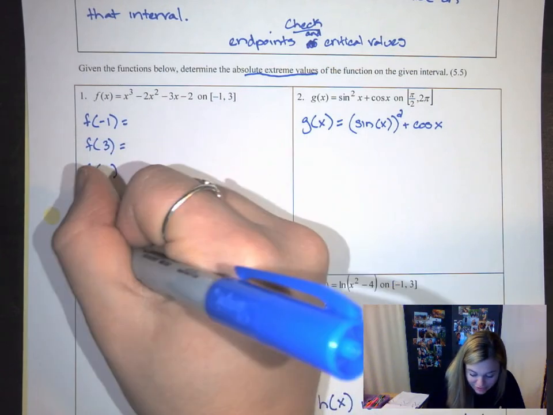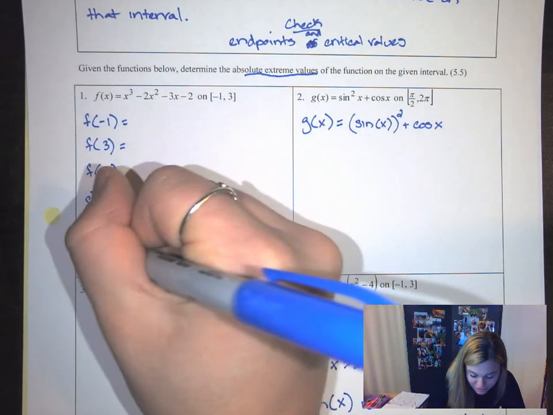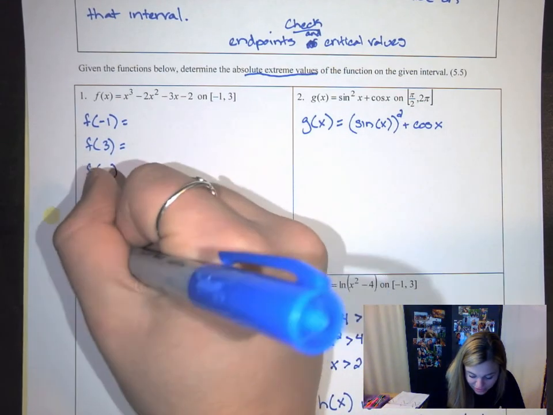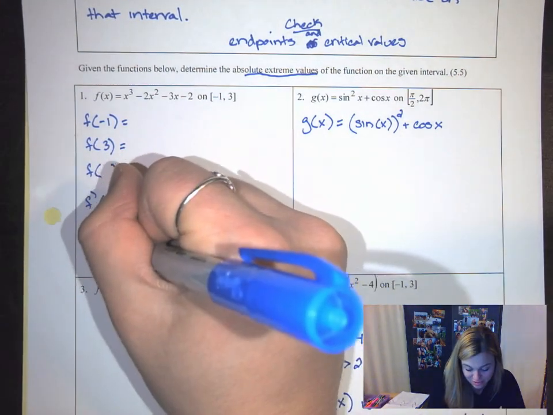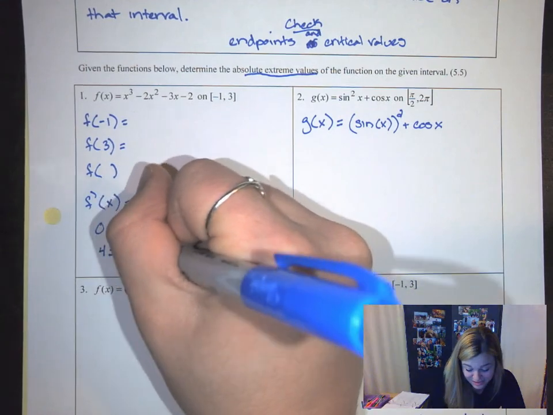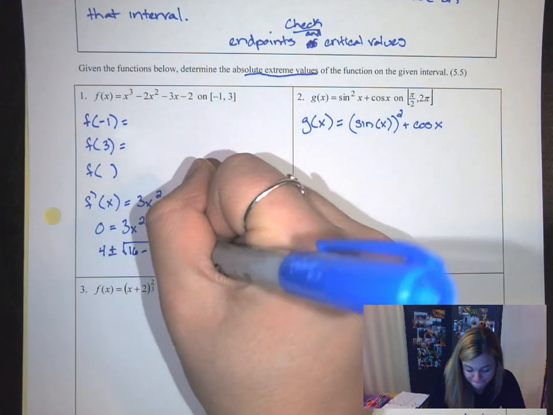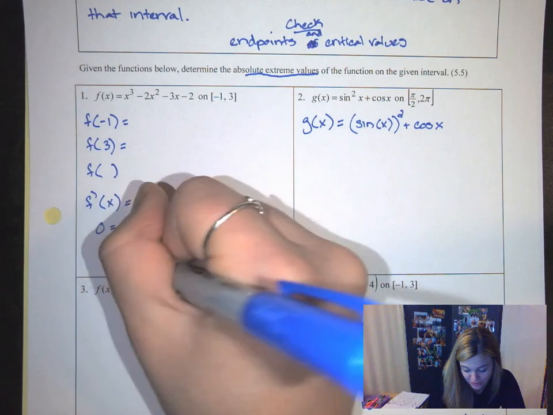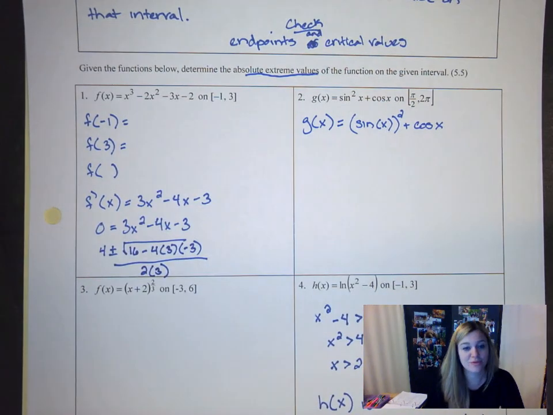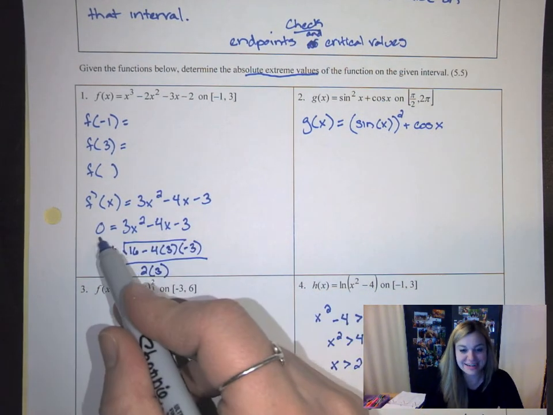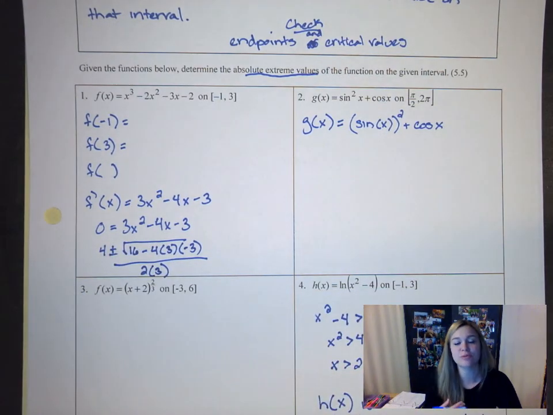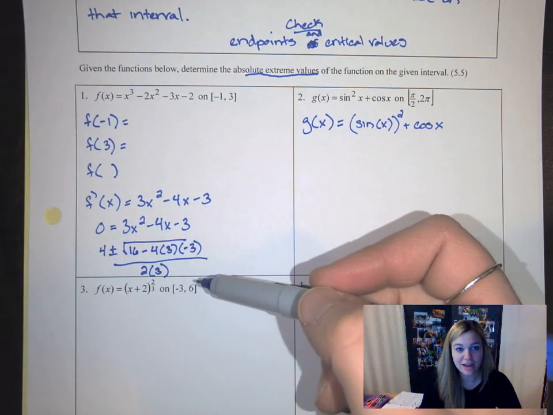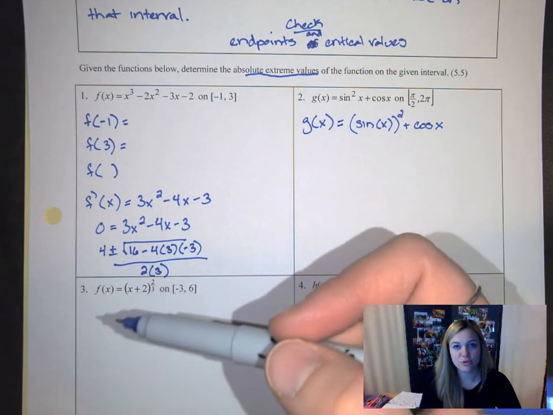So negative b, so negative 4 plus or minus the square root of b squared, which would be 16, minus 4ac over 2a, or you can put this in your calculator, set it equal to 0, find the zeros, and make sure that you're using as many decimal places as possible until the final answer, because this x value, whatever we get here, is not going to be your final answer.